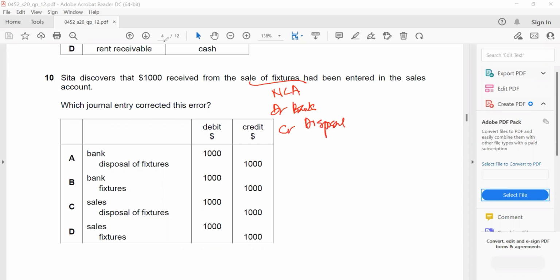But a mistake was made, this one was not recorded, we went and put it in the sales. So how to correct this error? So we have to reverse the sales: debit sales, credit disposal. So which one is it here? The answer should be C. Okay, now next, move on.